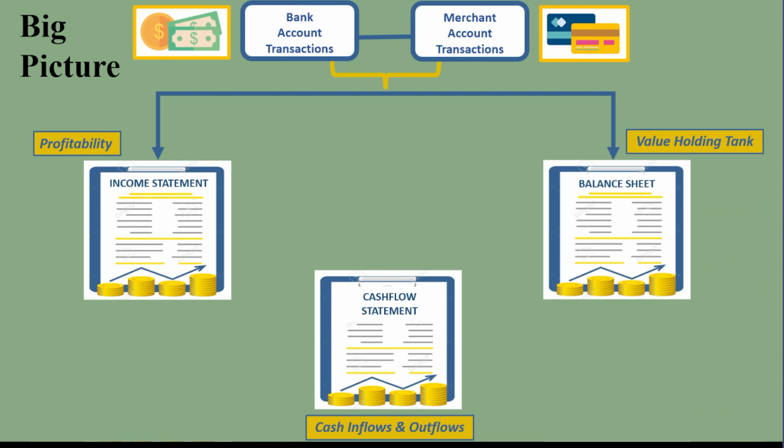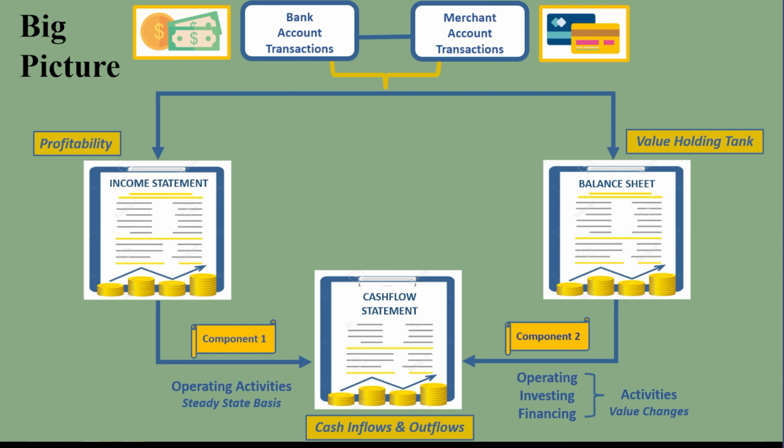This information also feeds the balance sheet or the value holding tank. The income statement, which represents operating activities on a steady state basis, is component 1 in the cash flow report. The balance sheet feeds operating, investing, and finance activities, component 2, into the cash flow report. These are value changes in the holding tank.